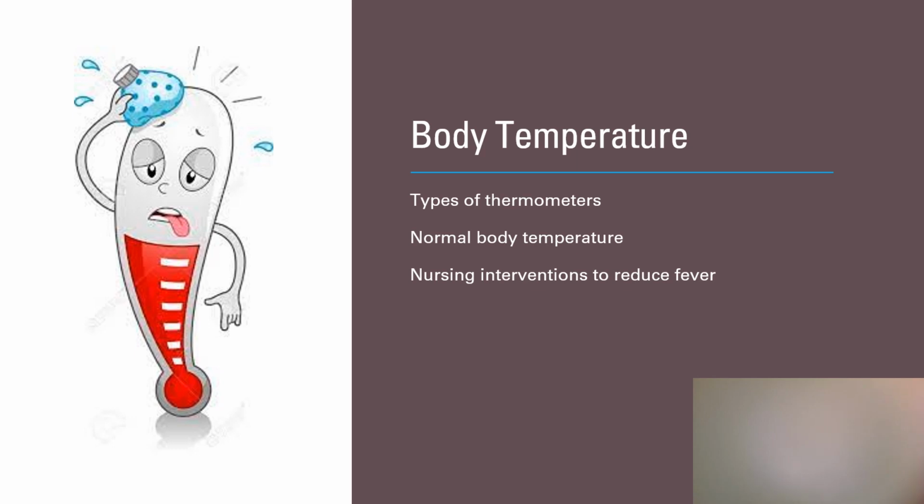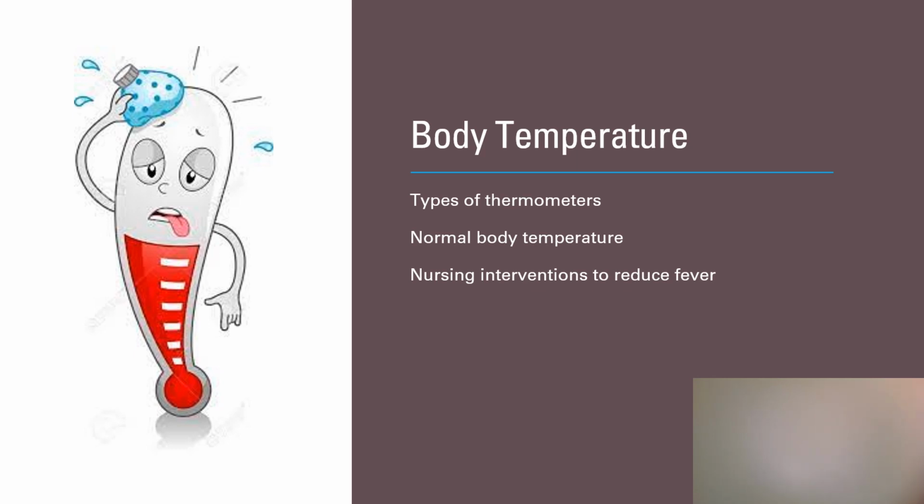We know that temperature can be affected by the environment, illness, increased metabolic rate, activity, diaphoresis, etc. There's several types of thermometers available for use. Some of them we talk about would be the glass thermometer.